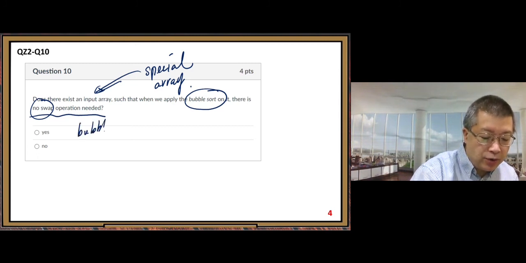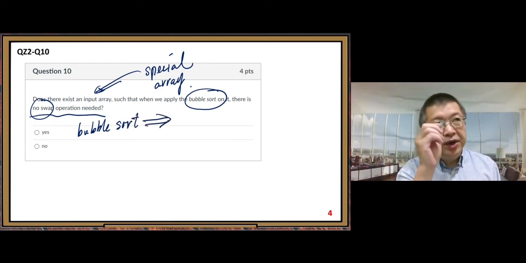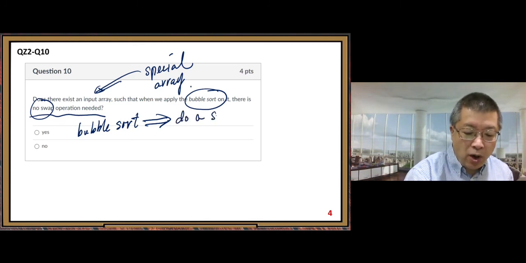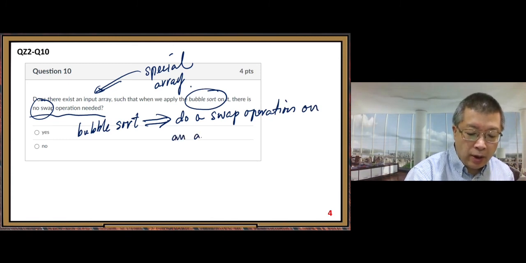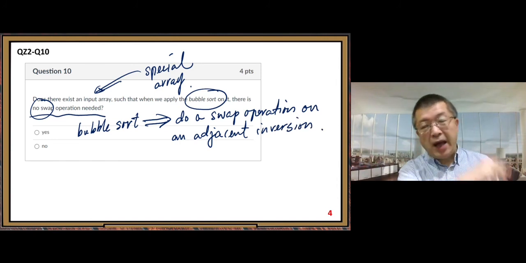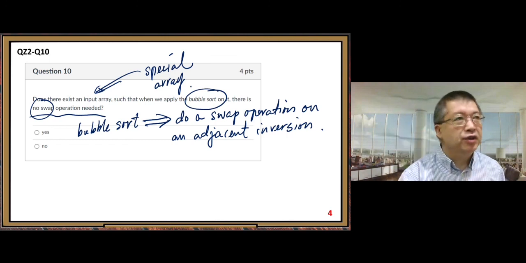When you do bubble sort, basically what do you need to do? A swap operation on an adjacent inversion. So here we need to use the adjacent inversion concept.